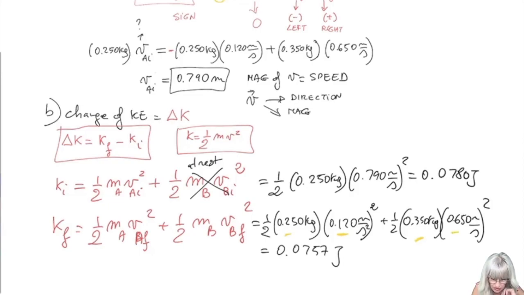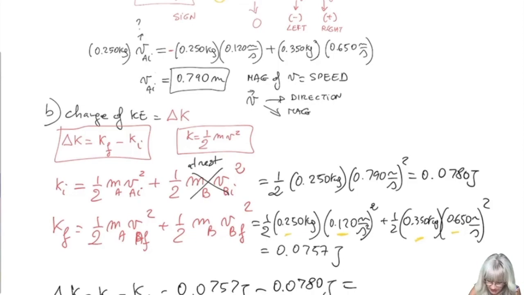Am I done? No, because I'm going to do the change, delta K. So K final of those two bodies minus K initial. So let's do that. The K final minus initial. As you can see, you will obtain a negative. Why negative?